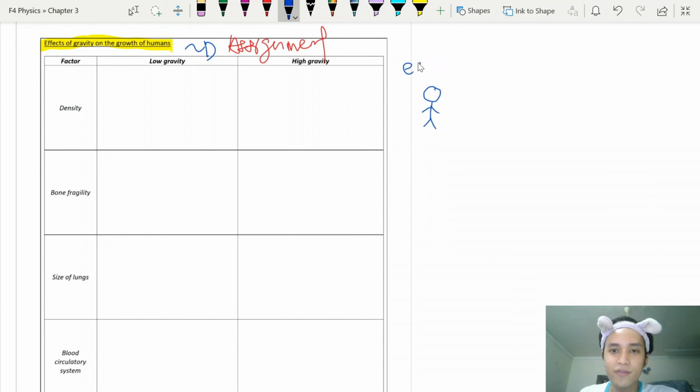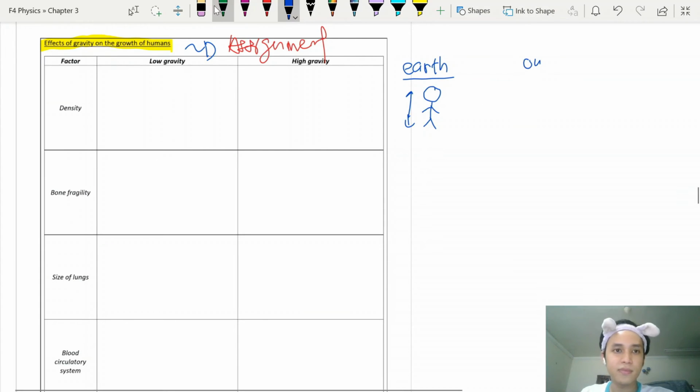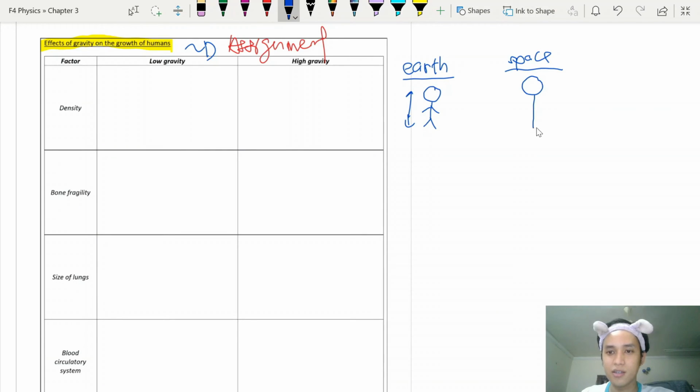When you are on Earth, this maybe is your height. But when you are in outer space, what will happen to your height? For those who are short, congrats. You might get taller. But why?